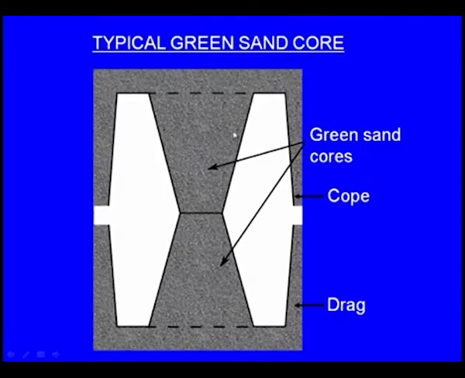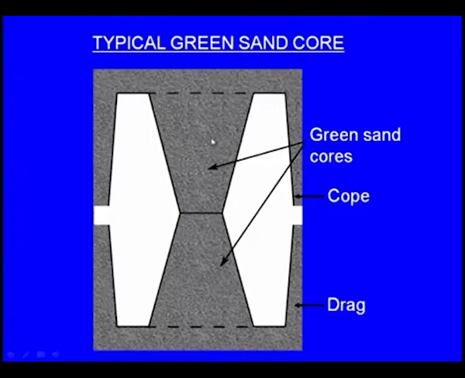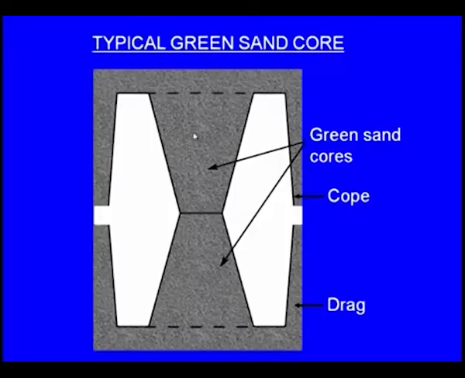Now you can see here the cope is extended like this. Similarly, the molding sand in the drag is extended up to here. Now here in this place the molten metal does not flow, and ultimately we get a recess or internal cavity there of this shape.